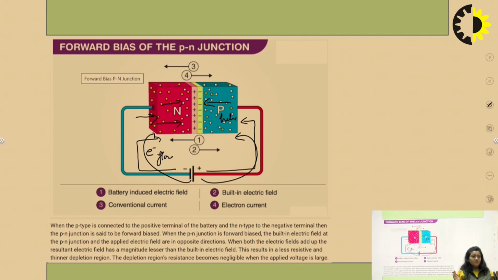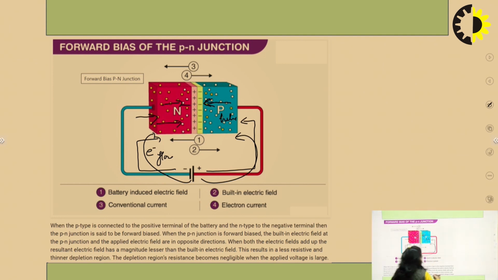Due to this force, the depletion region will constrict and its width will decrease.